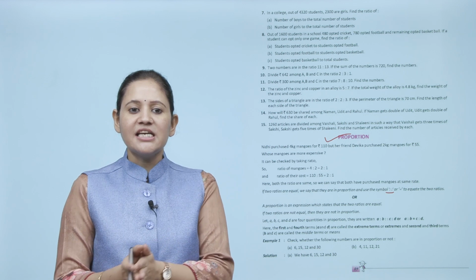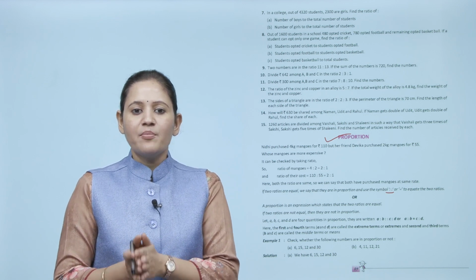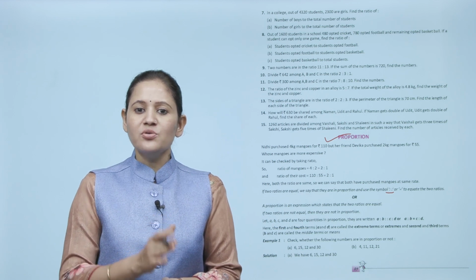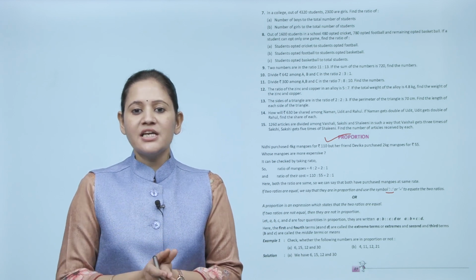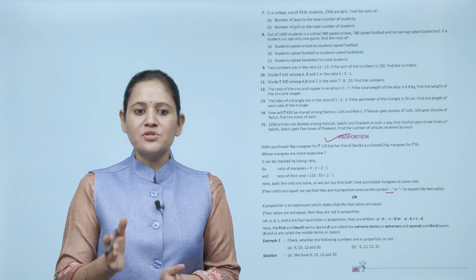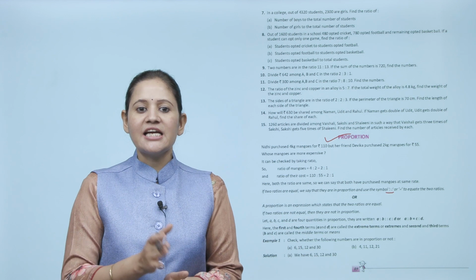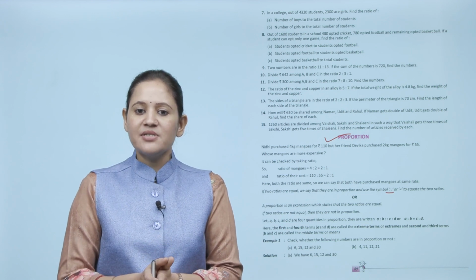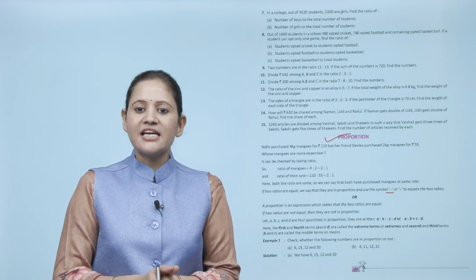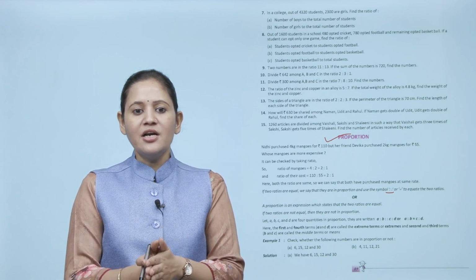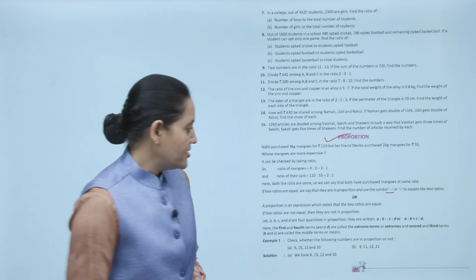Let A, B, C and D be 4 quantities. In proportion, they are written as A ratio B proportionate to C ratio D, or we can write A ratio B is equal to C ratio D. Here the first and fourth terms, A and D, are called the extreme terms or extremes, and the second and third terms, B and C, are called middle terms or means.